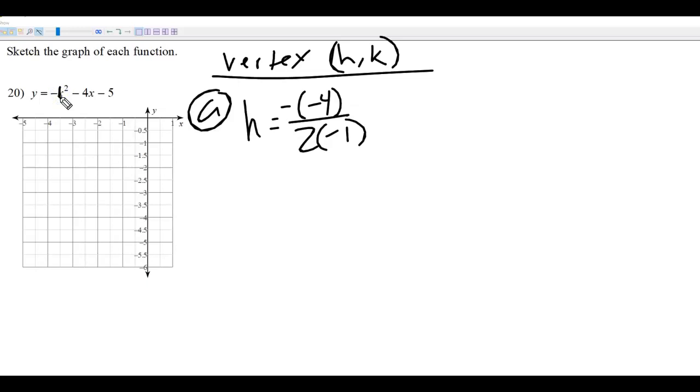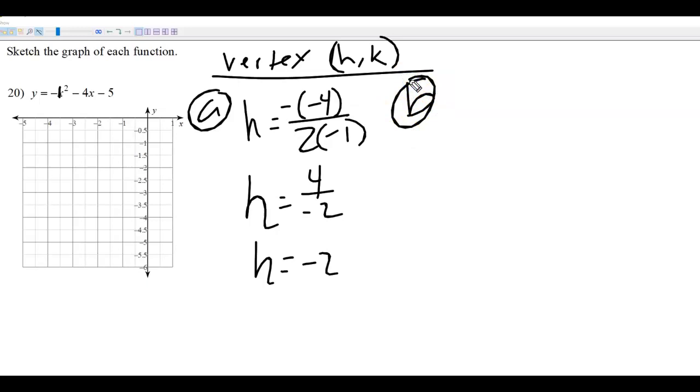In that case, it's a 1, but it is negative. So h comes out to be -2. Part B, we want to find our k value. The k value is what you get whenever you take your answer from part A and plug it into the original equation.